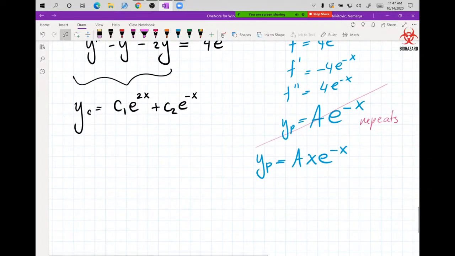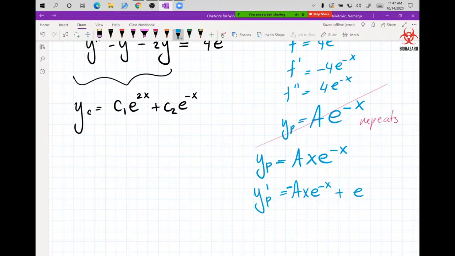So now your yp prime is a product rule. Copy the first, derivative of the second, plus copy the second, derivative of the first. And then we need the double prime as well. That's going to be even more mess. So copy the first, derivative of the second just spits out -1, plus copy the second, which is e to the -x.